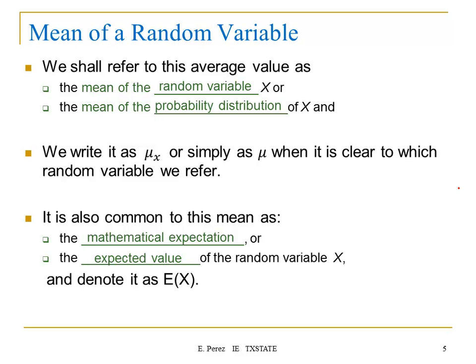When we mention the expected value, we also use E of x. So E of x refers to the expected value, which is the same as the mean of the random variable. I'm going to use expected value and mean of a random variable as the same concept.